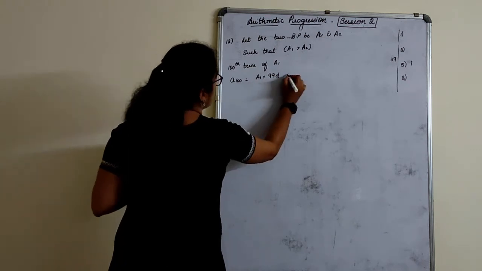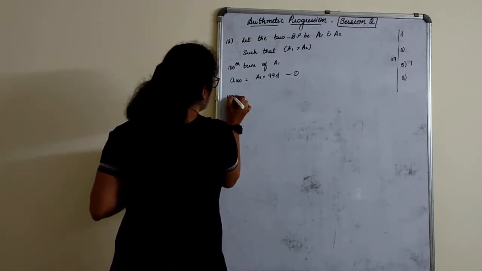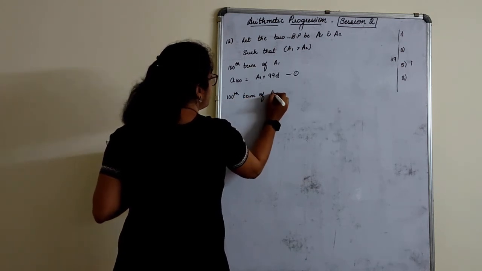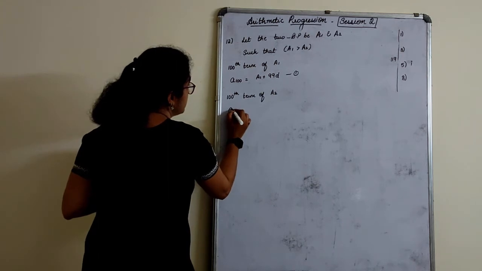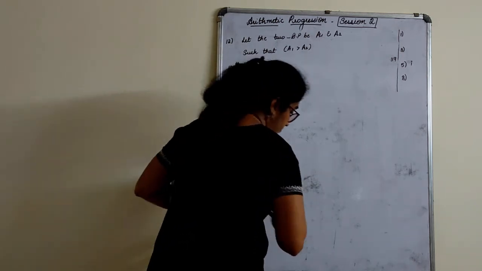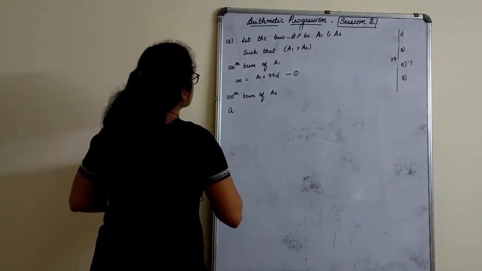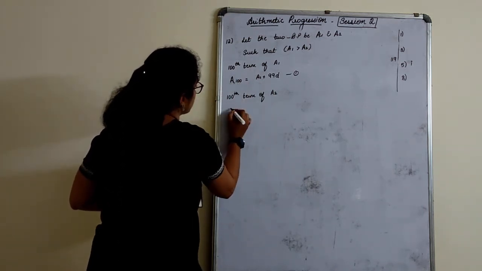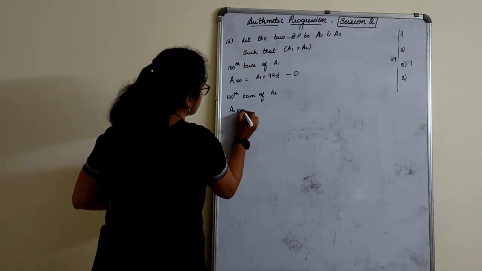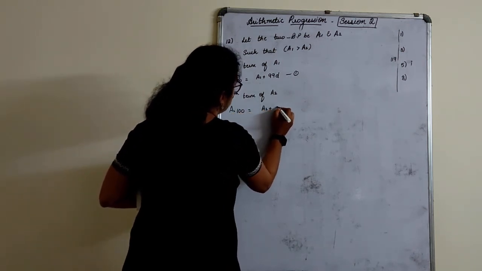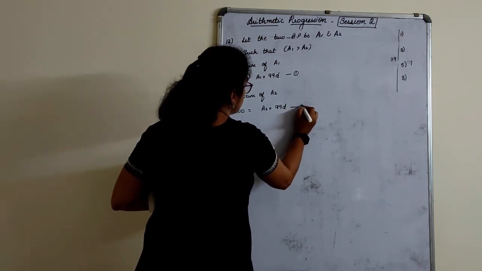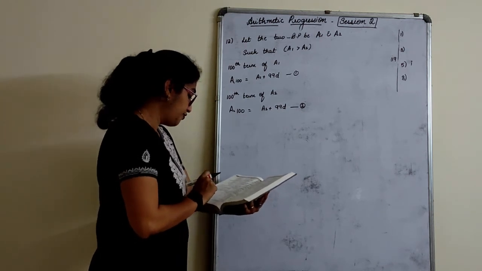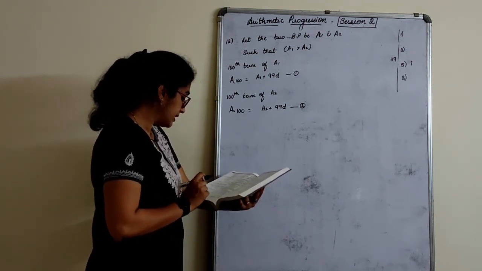Okay, equation 1. 100th term of A2, the second AP, is again A2 plus 99D. The difference between their 100th terms they have given here is 100.